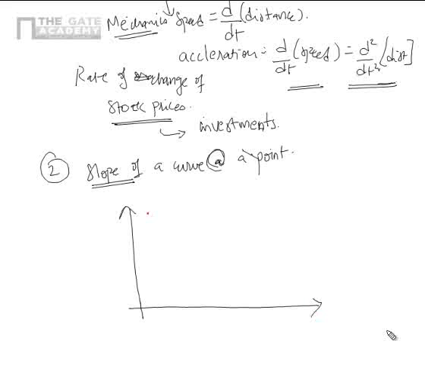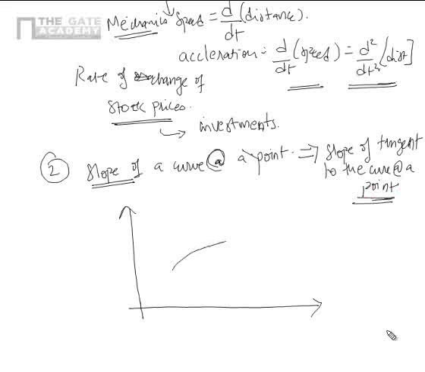It will also give the slope of the tangent to the curve at a point. This is more important. Fine. What do we mean by that?